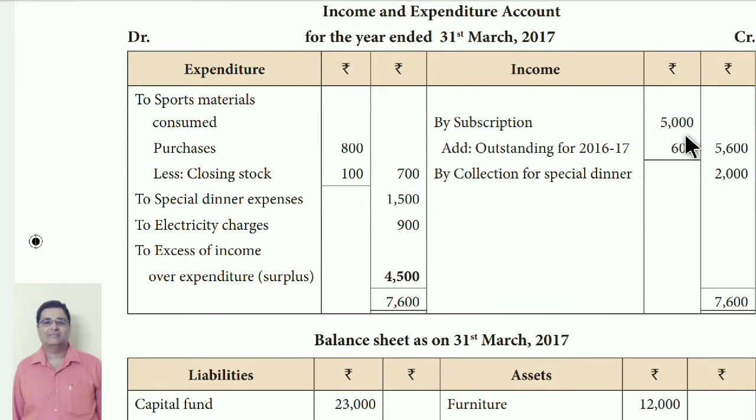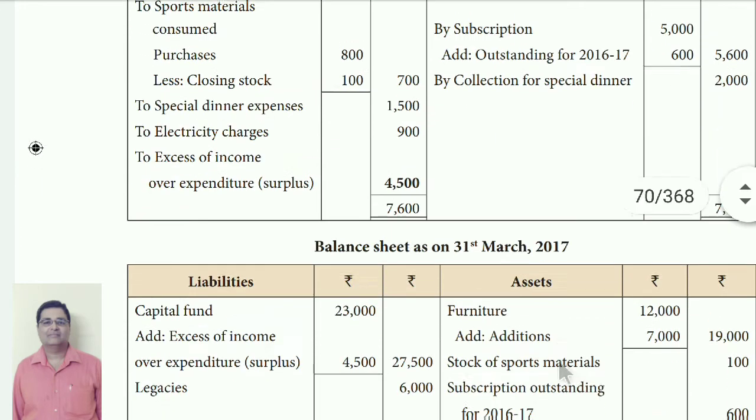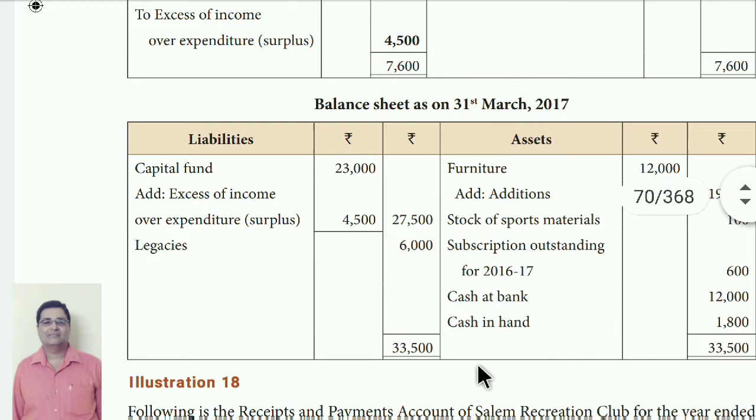By subscription 5,000, add outstanding 600, so 5,000 plus 600, 5,600. Whatever you add here as outstanding in the income, straight away you have to write on the asset side. See the asset side: subscription outstanding 16-17, rupees 600. Understand? So we added 600 in the income, and now we have to write outstanding subscription rupees 600 on the asset side.